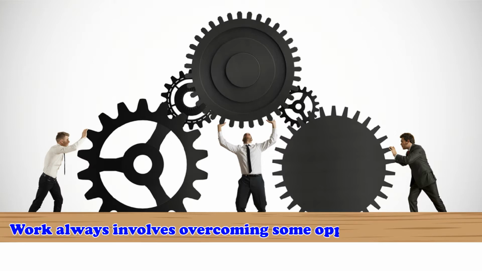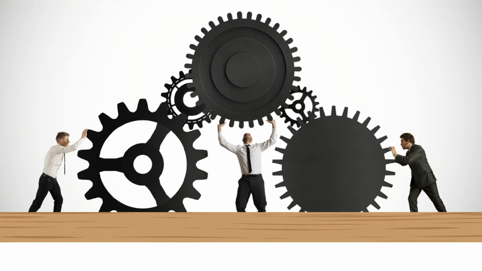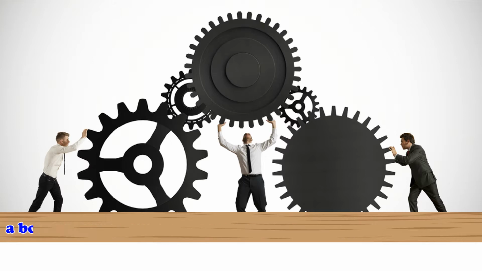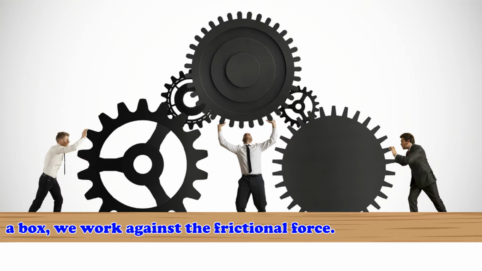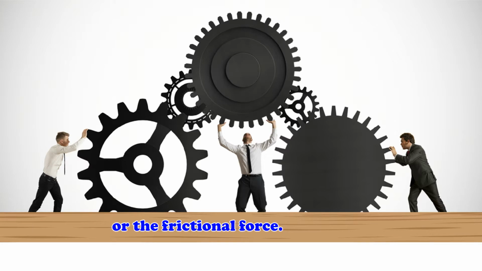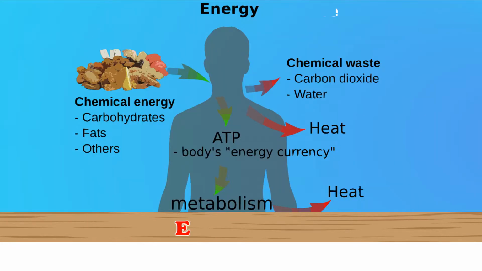Work always involves overcoming some opposing forces. Secondly, when we push some heavy objects like a box, we work against the frictional force. So, the resistance is either against the force of gravity or the frictional force.